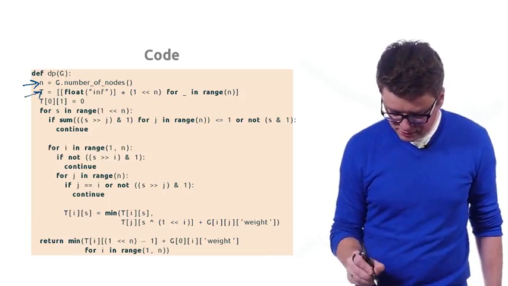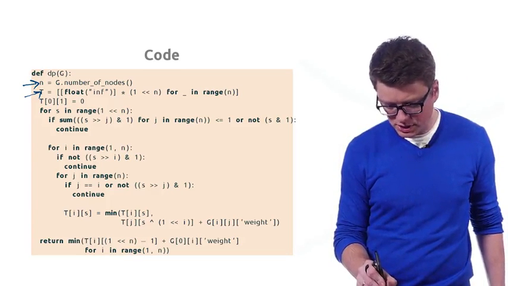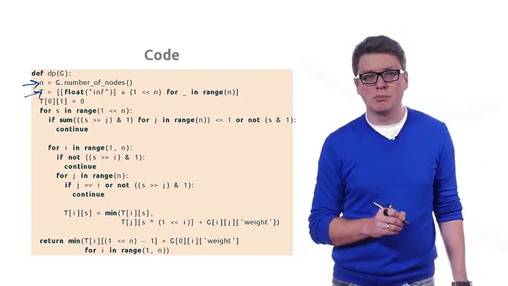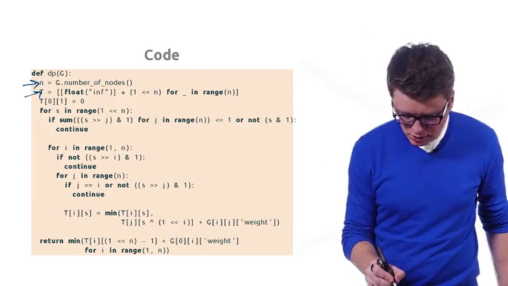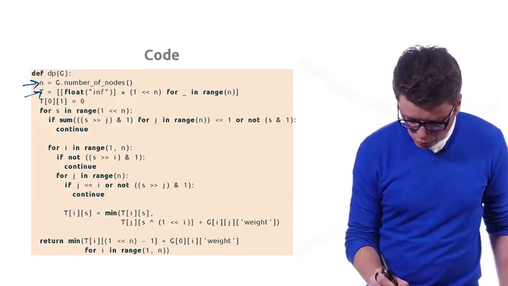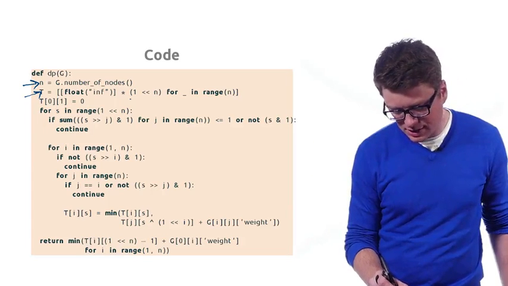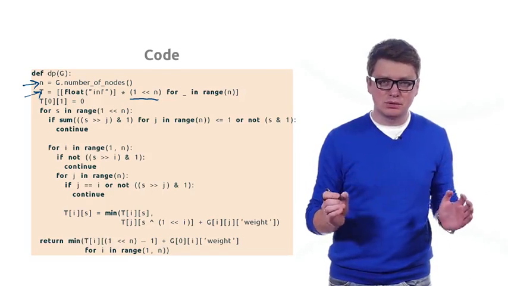Its rows are indexed with integers from 0 to n minus 1. Its columns are indexed with all the numbers from 0 to 2 to the n minus 1. Why is that? Well, this notation 1 shifted to the n positions to the left is exactly 2 to the n.